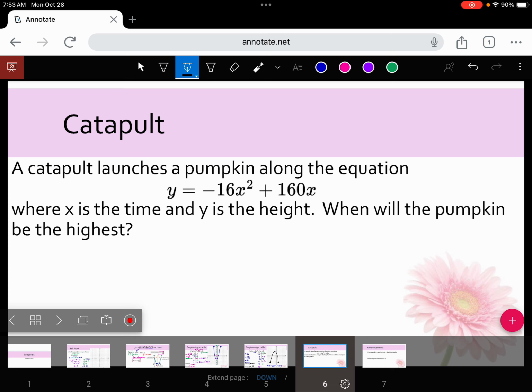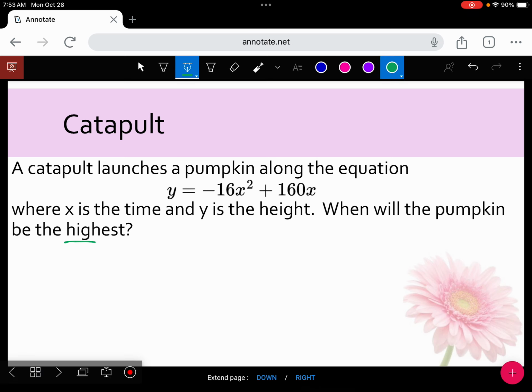We're in a quadratic though, so what is that called? The vertex. The highest point will go on a quadratic. Our maximum is always going to be at our vertex. So when we're looking for the highest, or if it was a different one and we're looking at the lowest, that would also be our vertex. So anytime we're looking for the highest or the lowest, we're looking for our vertex.